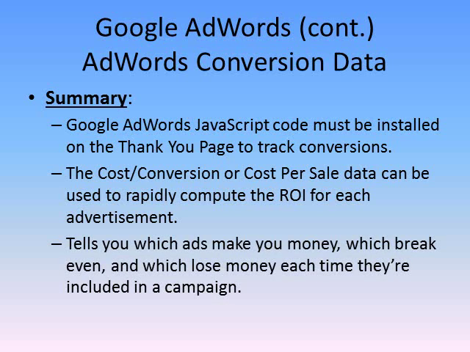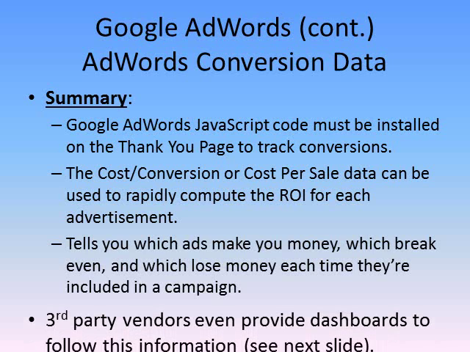And that tells us which ads make us money and which ads break even and which lose money each time they're included in the campaign, which helps us make the decision to keep up a campaign, to modify a campaign, to stop a campaign, right?